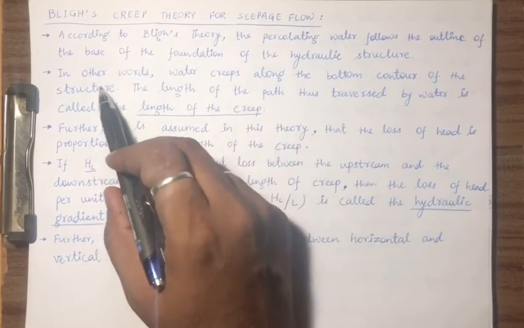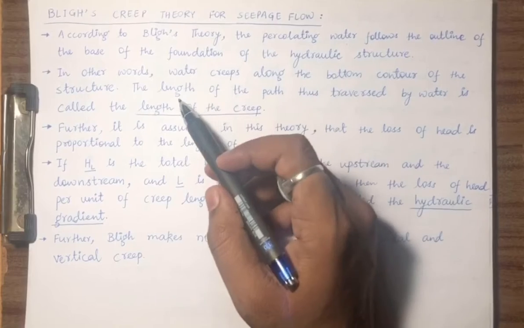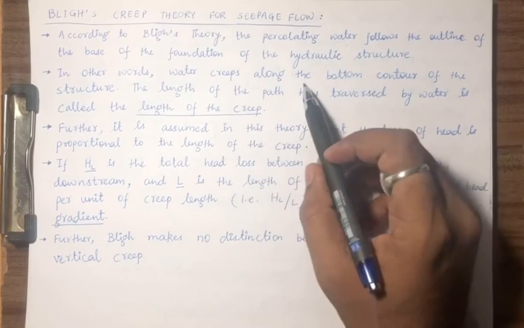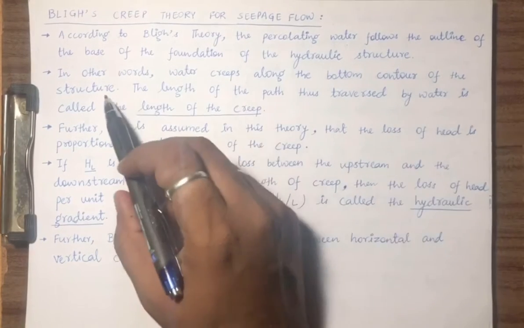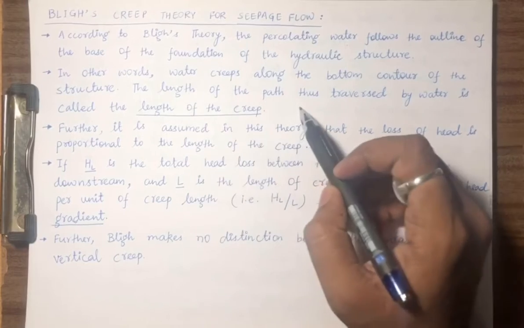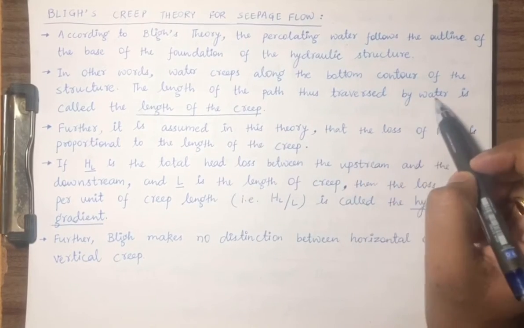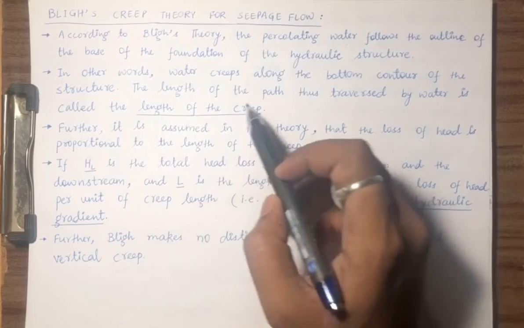The length of the path thus traversed by water is called the length of the creep.